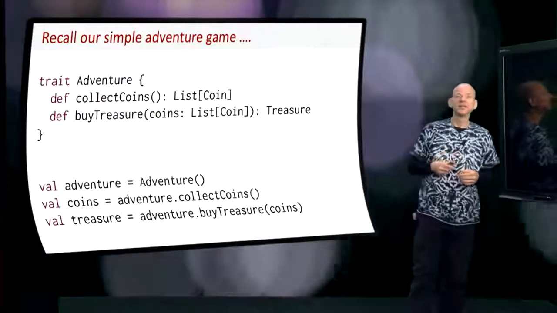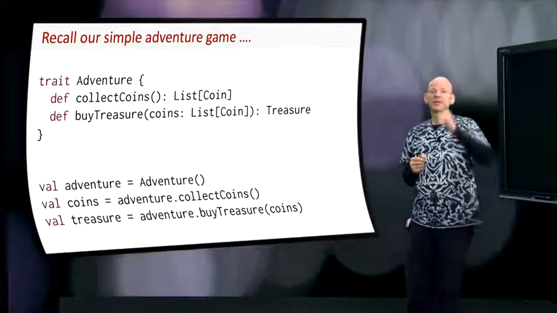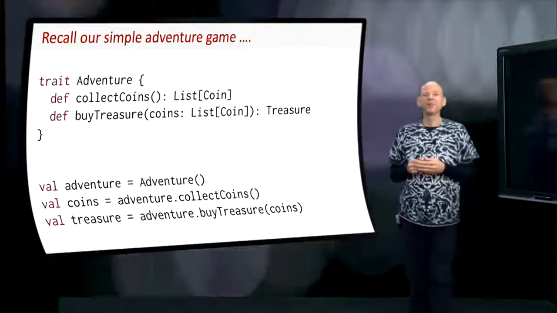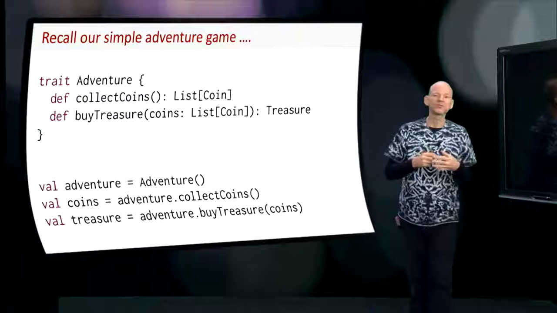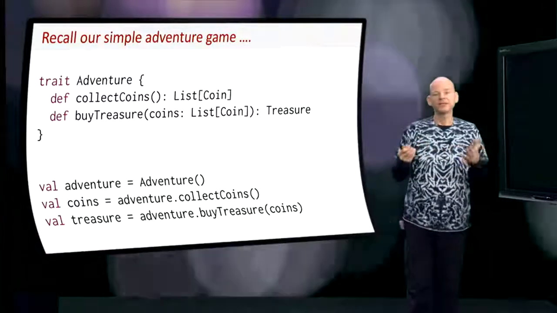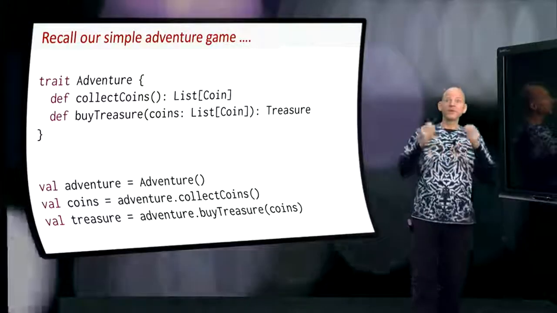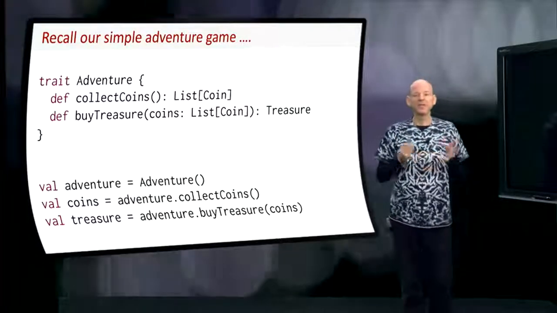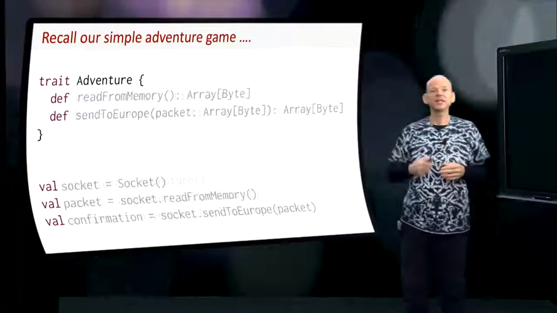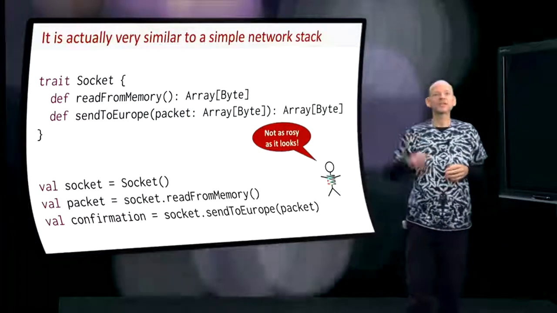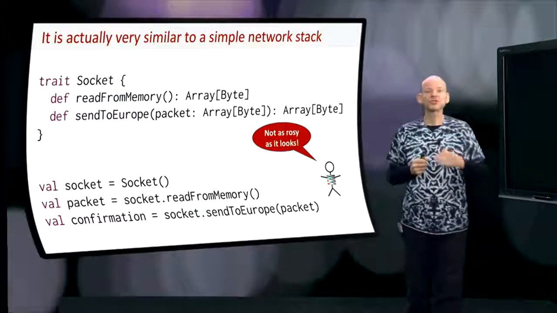All right. Let's go back to our simple adventure game where we had collect coins and buy treasure. And then we had this little script where we first collected some coins and then we bought treasure. So what we're going to do is morph this little adventure game into a networking script. And it's really easy. First of all, we're going to turn our adventure into a socket.